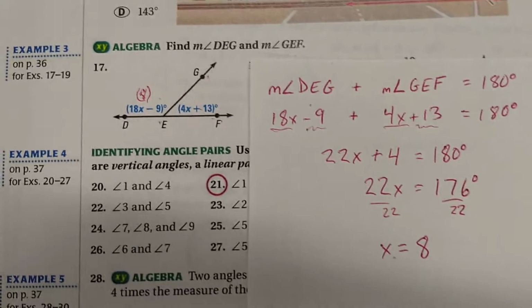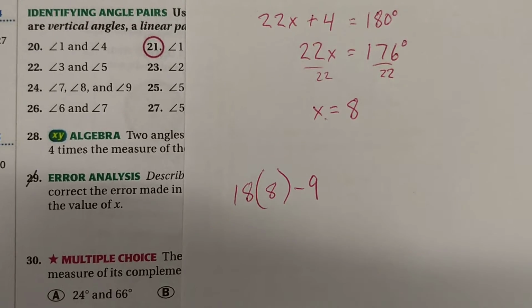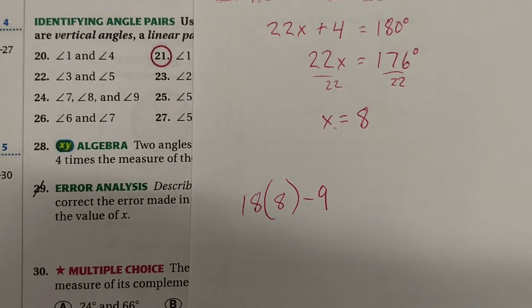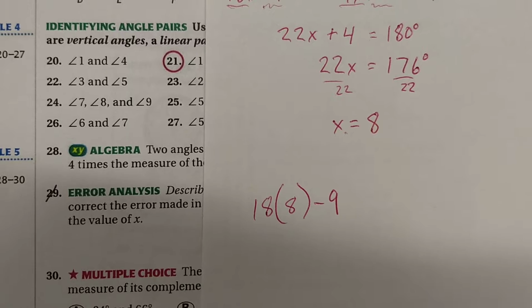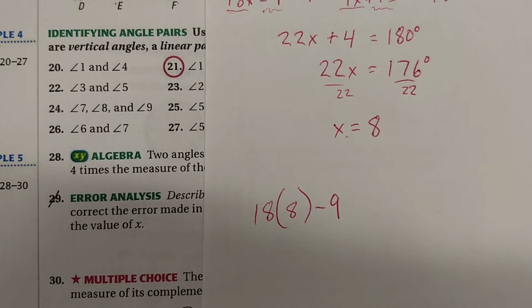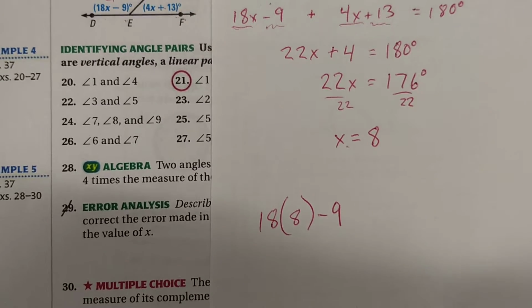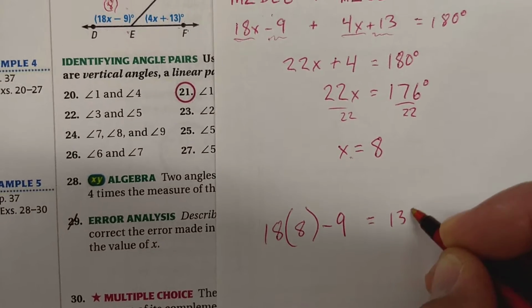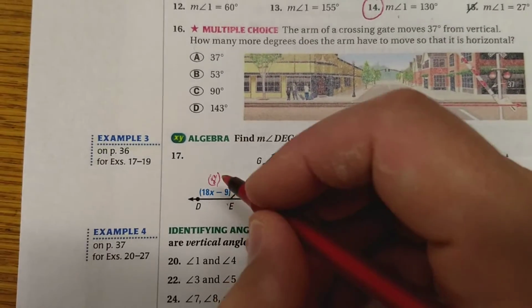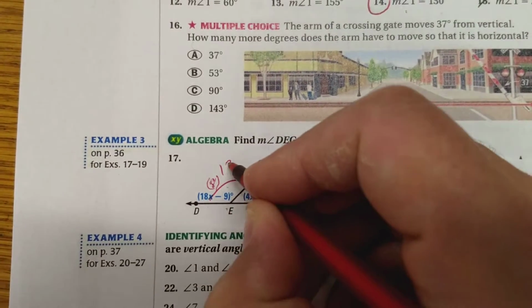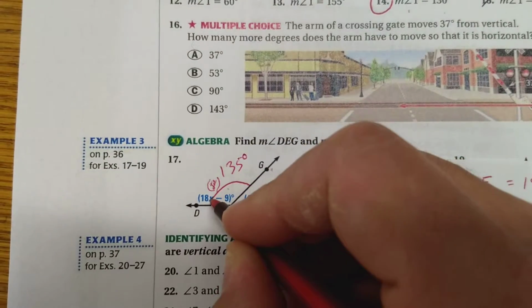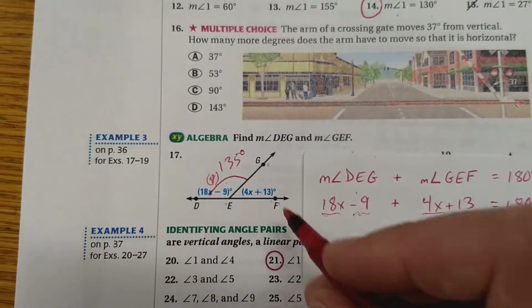Well, 18 times 8 is 144, and then I subtract 9, I get 135. So this angle measurement in here is 135 degrees after I plug 8 in for x.